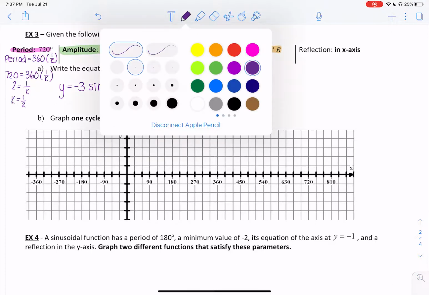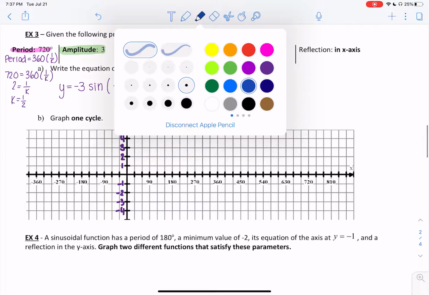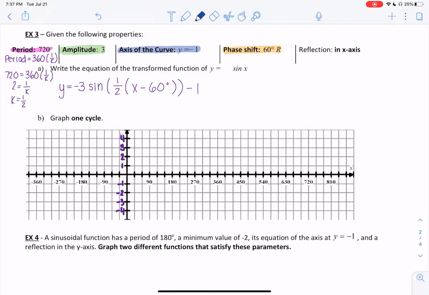I'm just going to start by adding my scale to the graph. There we go. Next, we plot the axis, which is at -1. And we're just graphing one cycle of this.